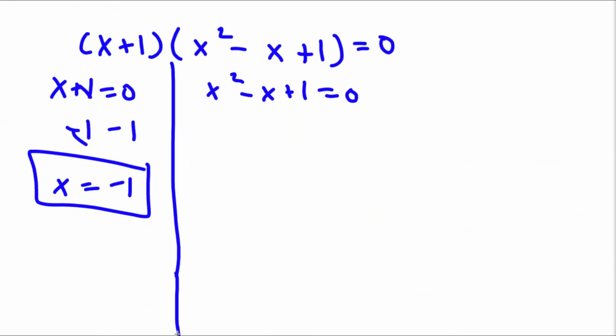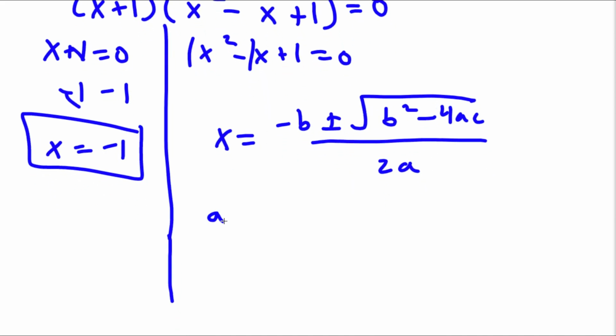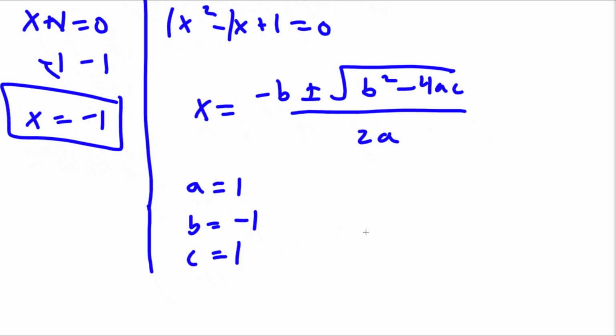Now, for x squared minus x plus 1 equals 0, we are going to be using the quadratic formula to solve this, which is negative b plus or minus the square root of b squared minus 4ac divided by 2a. So in this case, a is equal to 1, b is equal to negative 1, and c equals 1.